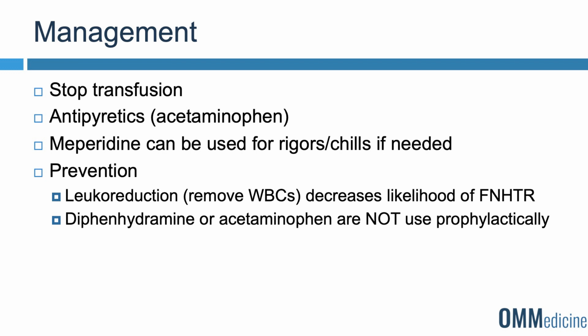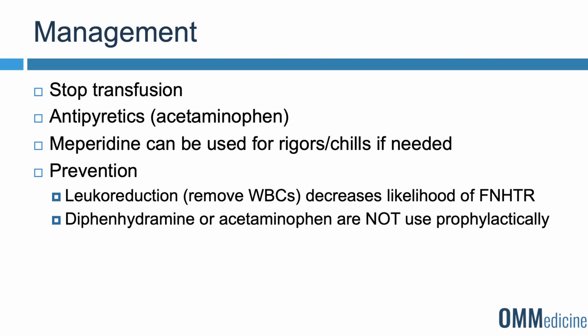And perhaps one of the most high yield points for you to remember about febrile non-hemolytic transfusion reactions is how to prevent them. And the major way that you can prevent this type of transfusion reaction is with leukoreduction of the transfused blood. And this means that you remove the white blood cells prior to transfusing the blood to the patient. And this is the major way that you can decrease this type of transfusion reaction.